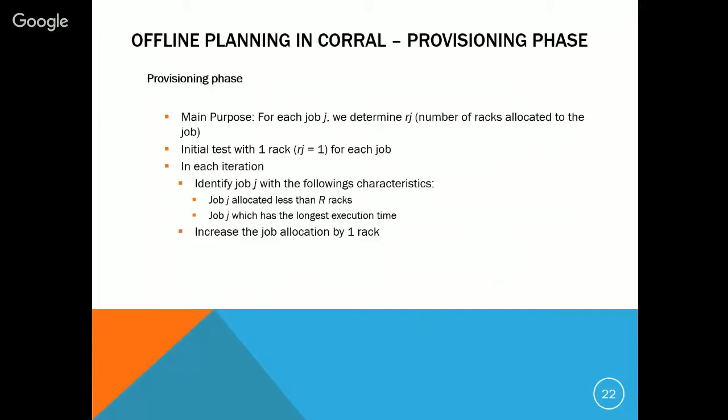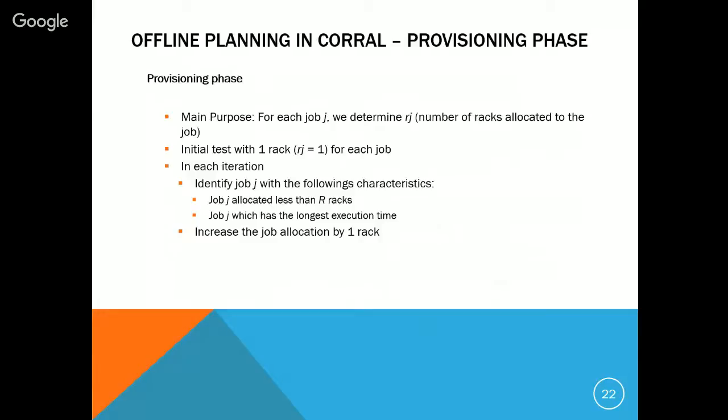As we go through the iterations, we need to identify job J with the following features: job J allocated less than R racks, and job J which has the longest execution time. As we go through each iteration, we increase the job allocation by one rack.